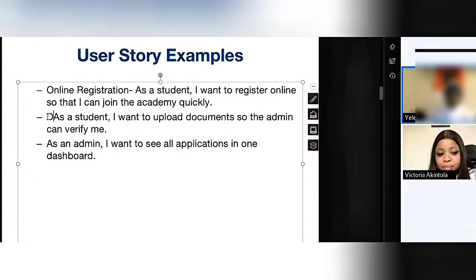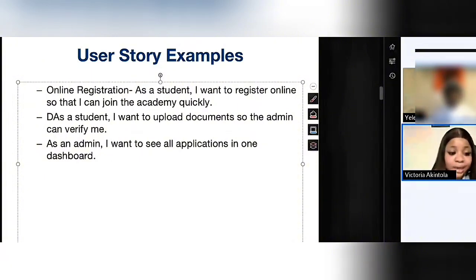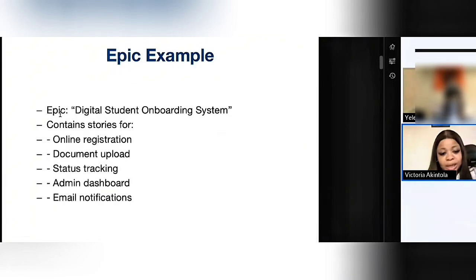For example, we are going to have an admin dashboard as well as online registration. It is only students that can have access to online registration, while the user story for the admin dashboard is only for admins. So in this scenario, we only have one epic. The epic remains the digital student onboarding system.